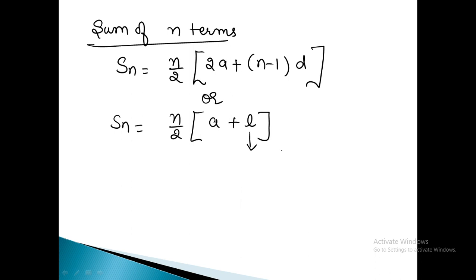Here L represents An, the last term. When the last term value is given, we can use this formula. But when we have no last value, then you can use the first formula.